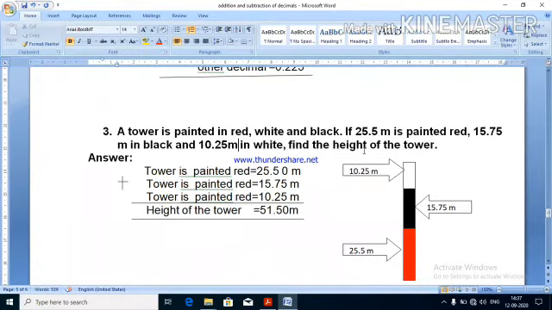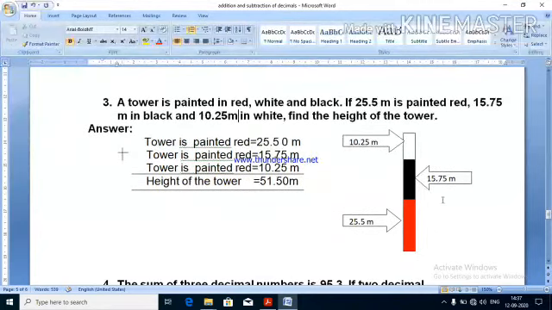Then you have to add all the terms. It gives you the height of the tower, which is 51.50 meters. You have to do this question because this is a very important question.